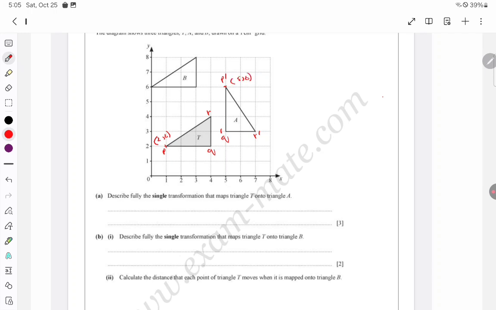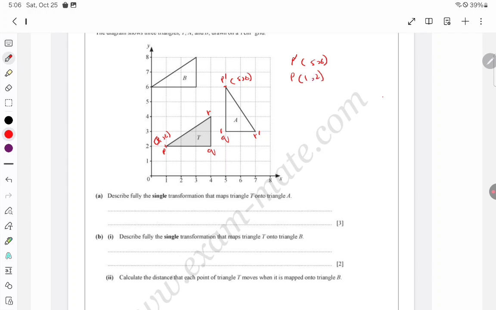Find the midpoint. When we get the midpoint, P slash is 5 comma 6, and P is 1 comma 2.